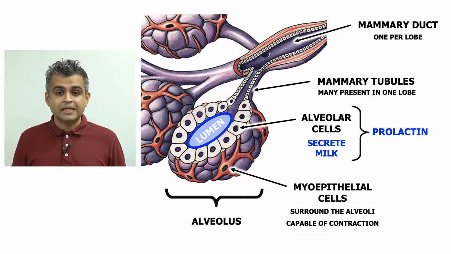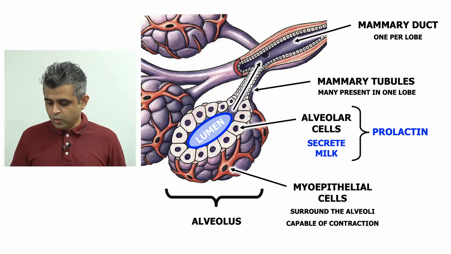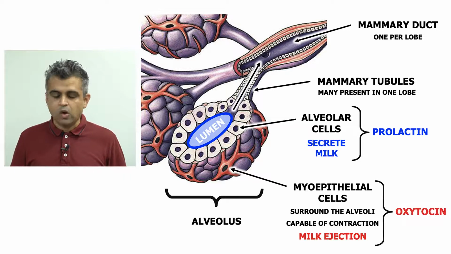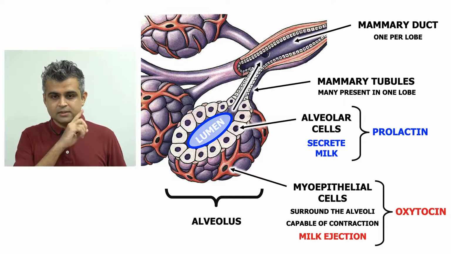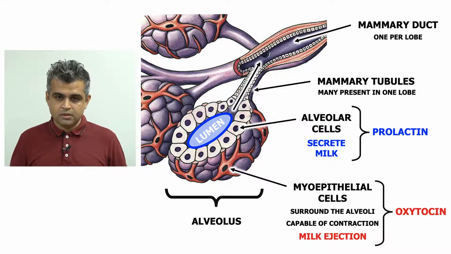That is called milk ejection, and that is done by a hormone called oxytocin. So please take a screenshot of this image because I want you to clearly remember this.